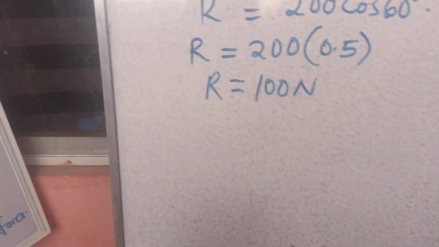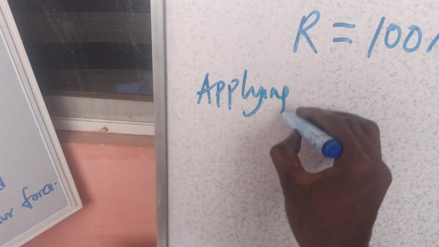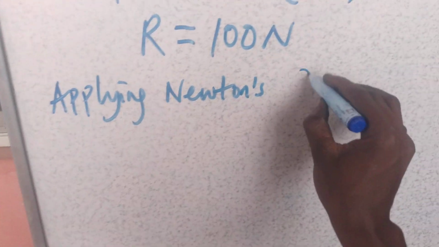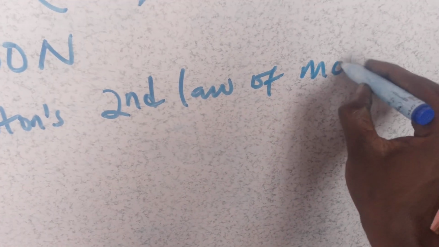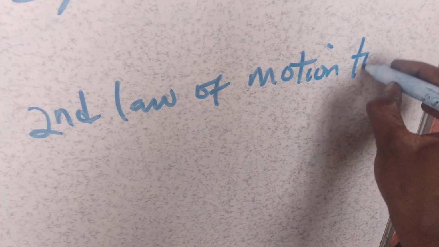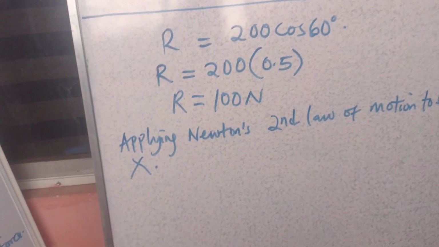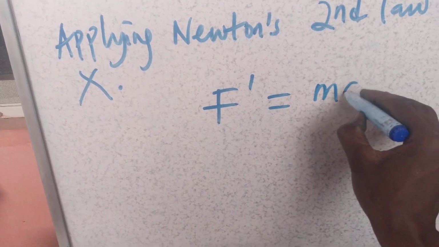Now, applying Newton's second law of motion to block X, the summation of forces is equal to mass times acceleration.